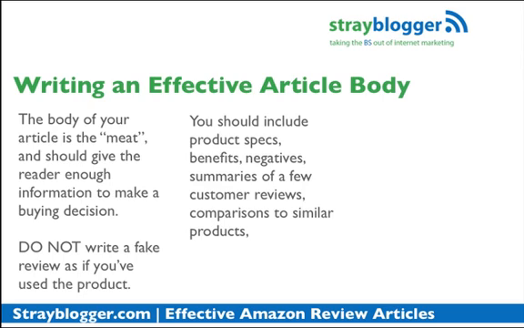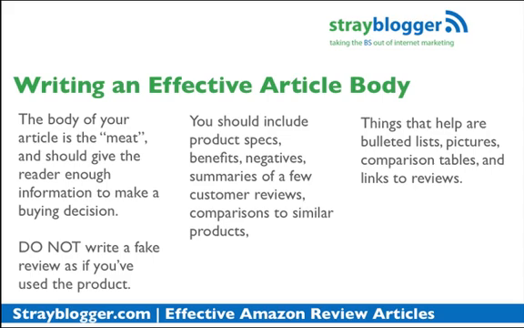Now in the article body, you can include product specs, benefits, negatives, summaries of other actual customer reviews, and then comparisons to similar products. Those are all things you really should incorporate into an effective review article.